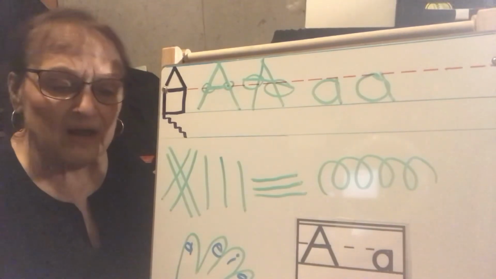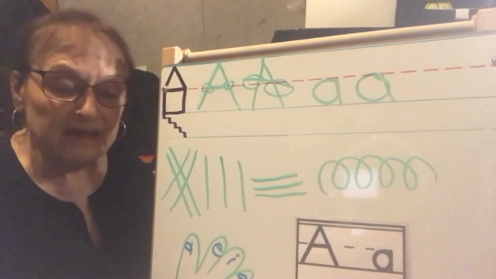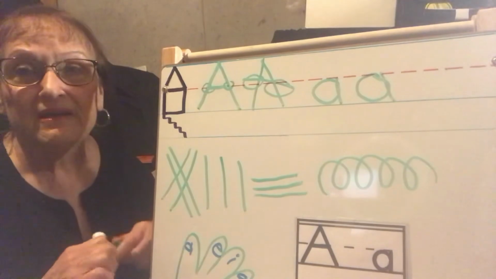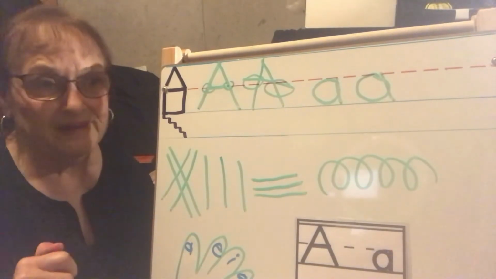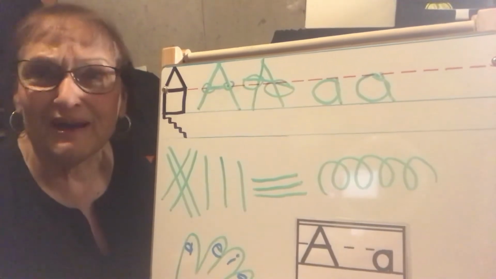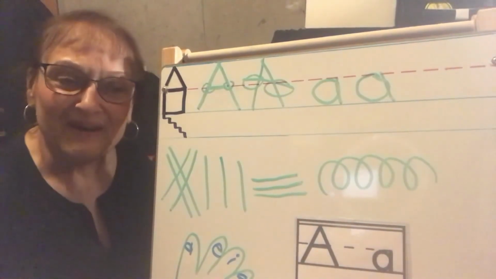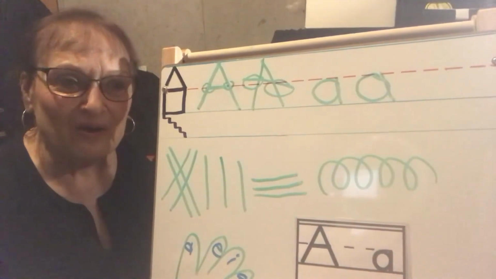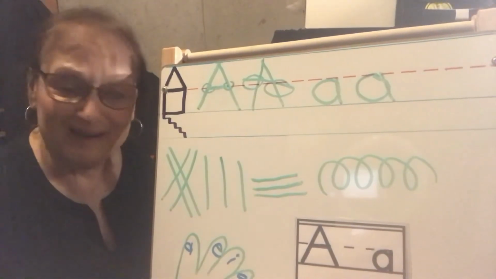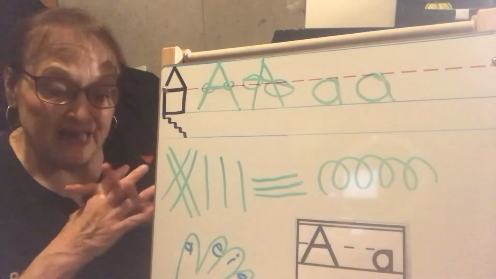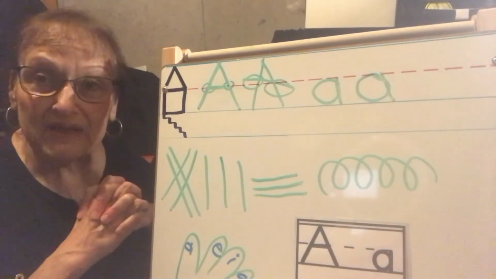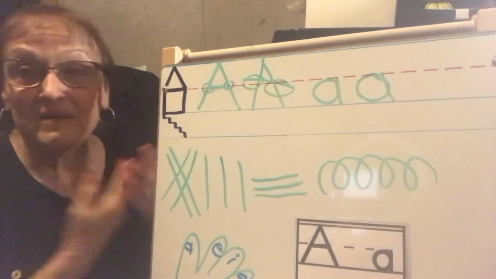Letters are the building blocks of our language. They're the beginning, like I said, of literacy. And I know at the get started night, I don't even know what we called it this year, not a curriculum night and not an open house, but it was our getting started night, I said that letters go together to make sounds, and sounds go together to make words, and words have meaning.